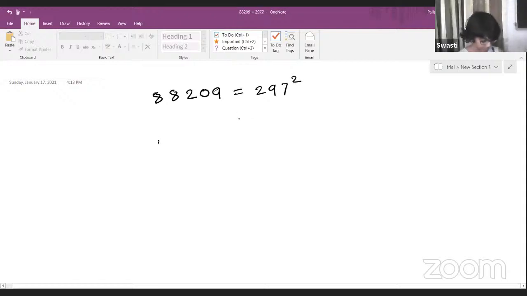And 494209 is 703 square. So these are some Zarasandh and Kaprekar numbers.